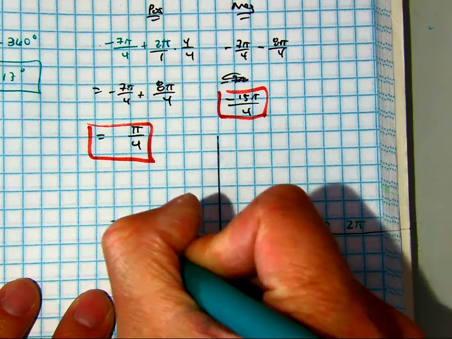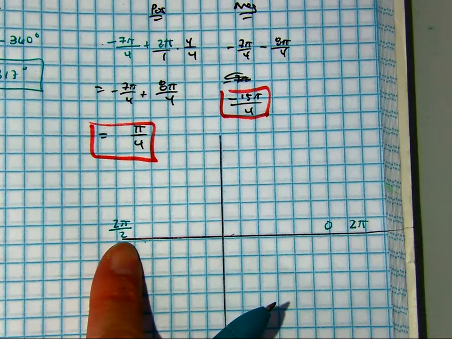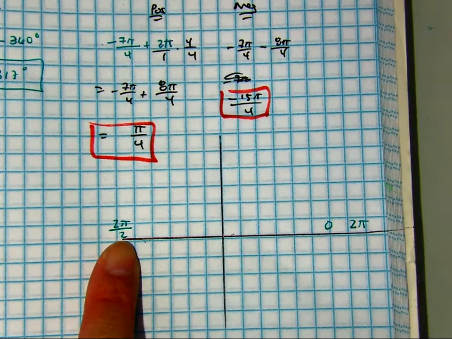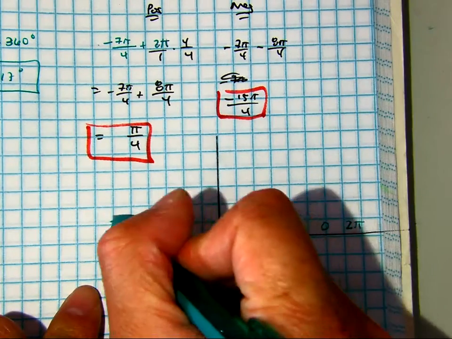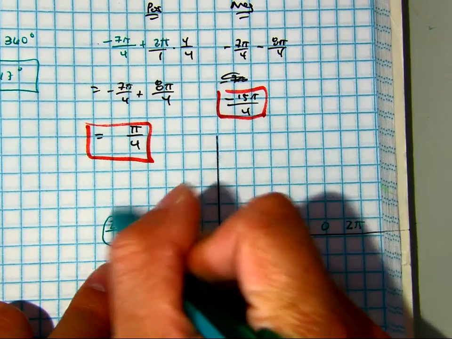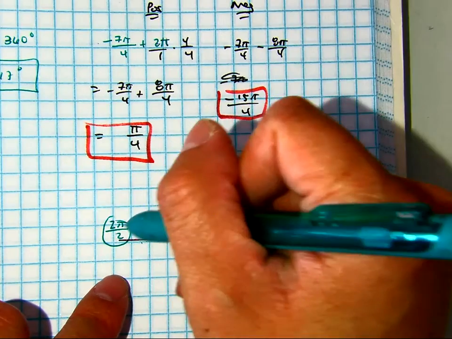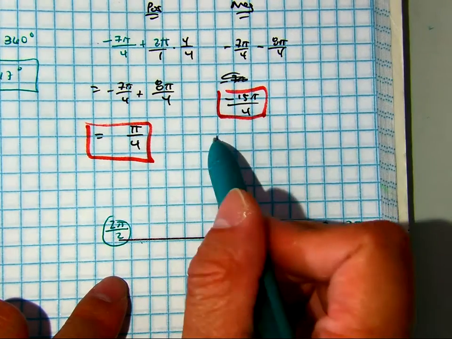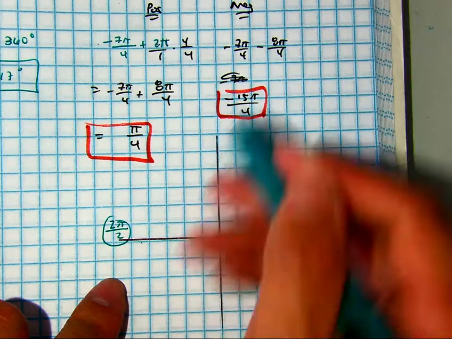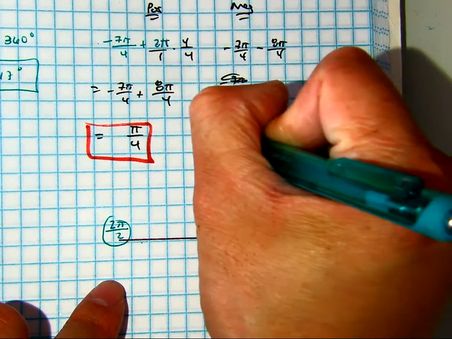Now, I would normally write 1 pi, but I'm leaving it as a fraction to help you understand the other ones. If this is 1 pi, just think pi, and divided by 2, because 180 divided by 2 is 90, so pi divided by 2 is called pi over 2.